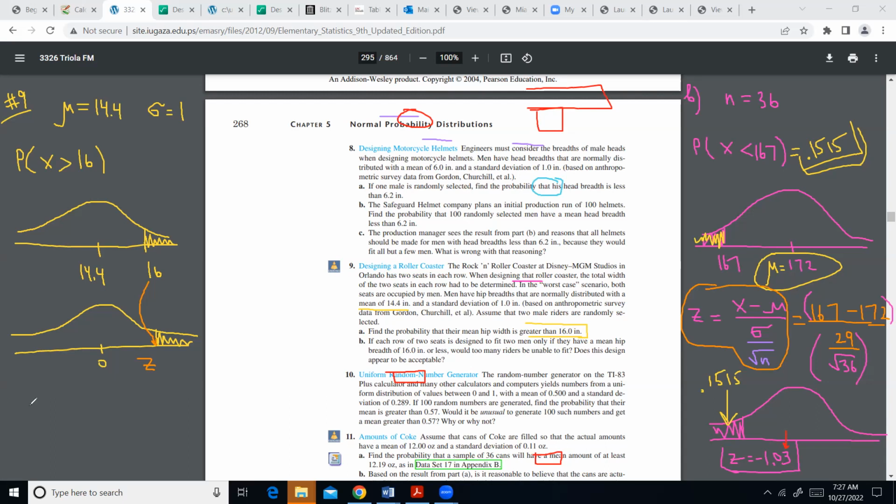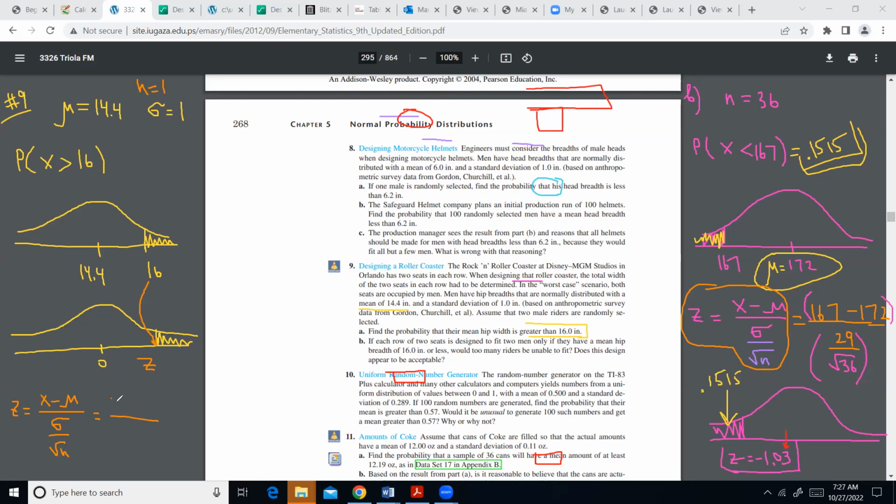So let me write this here again. It's x subtract the mean, divided by the standard deviation over the square root of n. So now the square root of n is involved. For this part, n is 1 because they're just talking about one person. So we'll put the square root of 1.